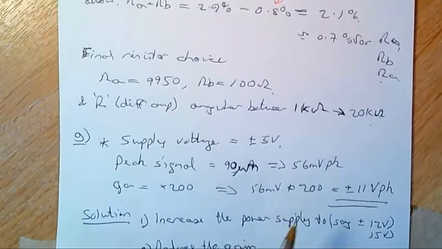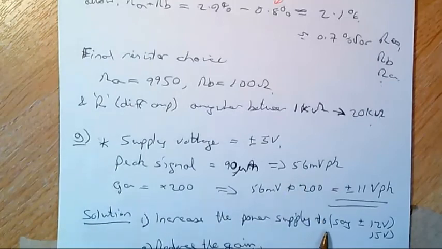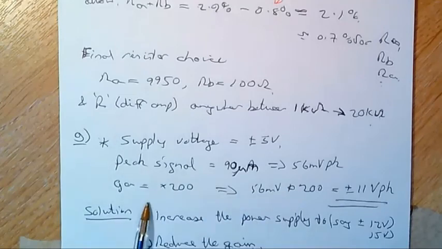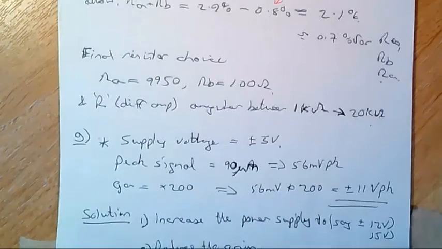So you either have to reduce the gain down from 200 or increase the power supplies. And given that the circuit is actually being optimized to drive this test equipment, the obvious solution is to change the power supplies. So that there completes that question.